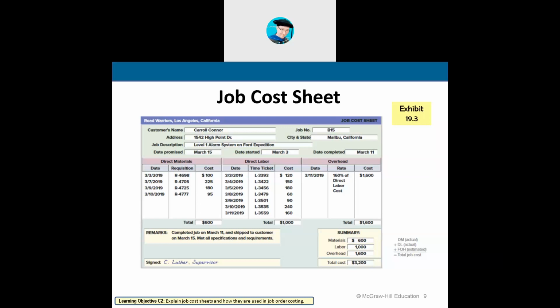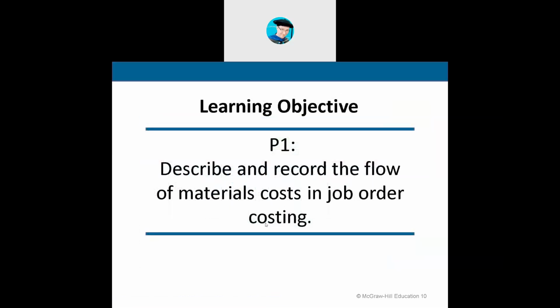That's my overhead rate. So at the bottom of my job order cost sheet, I add my total materials, total labor, plus total overhead to give me the total cost of the job. This example, $3,200. That's the job order cost sheet.